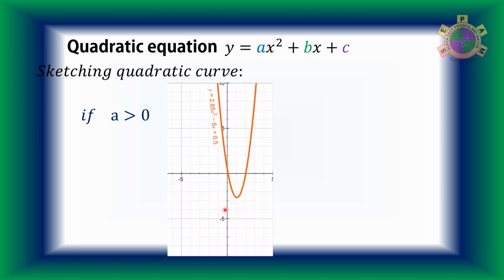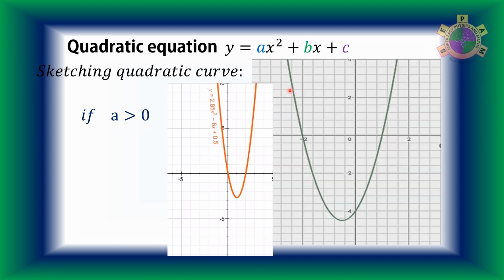When the value of a is above 0, the curve will assume the shape of a cup. So let's see the other case.